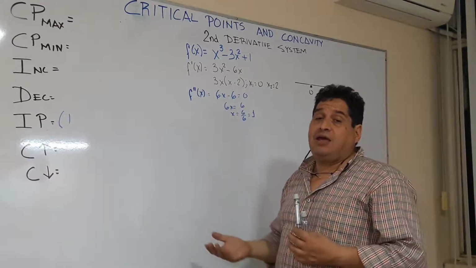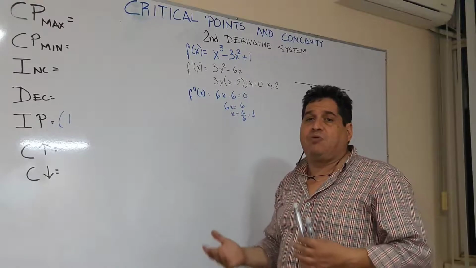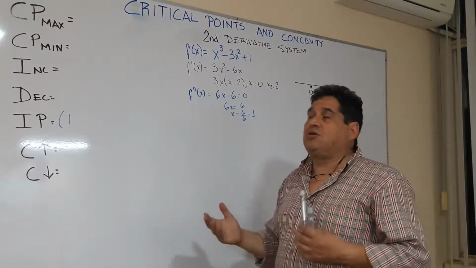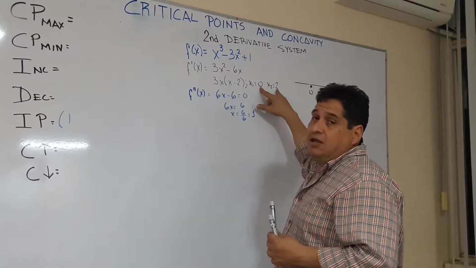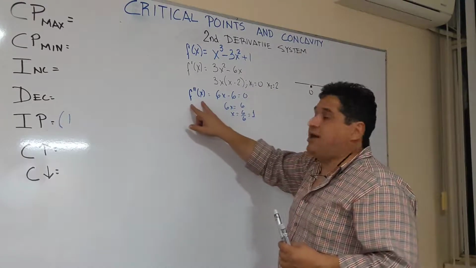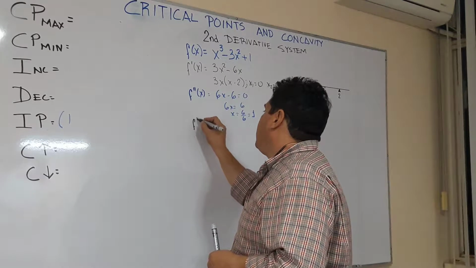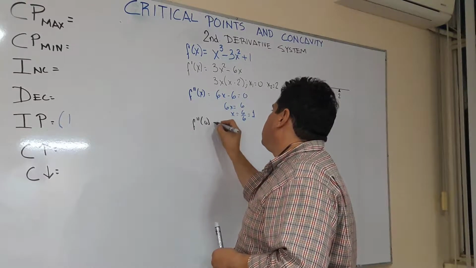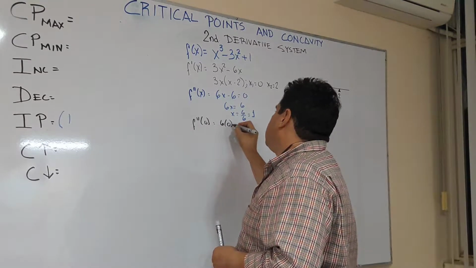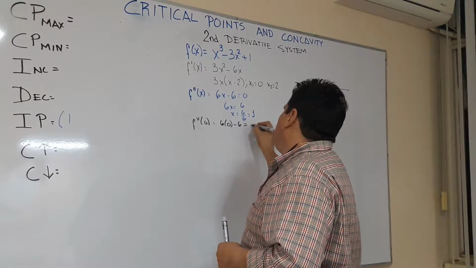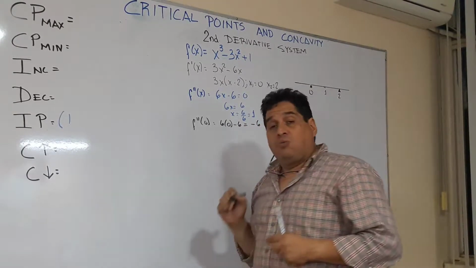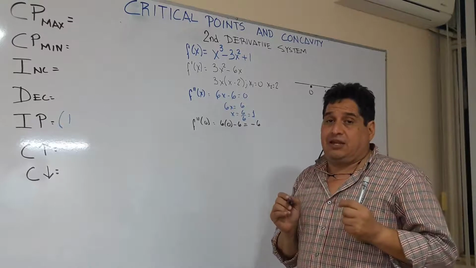Now, to get my maximum and minimum critical points, I'm going to plug my critical points into my second derivative. So f double prime of 0 is going to be 6 times 0 minus 6, which equals minus 6. Once again, what I care about is the sign.